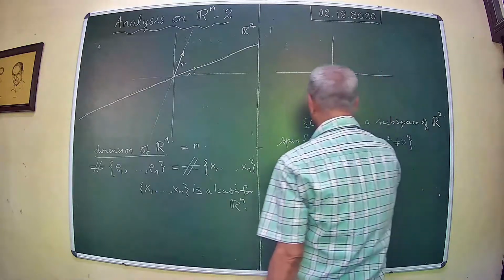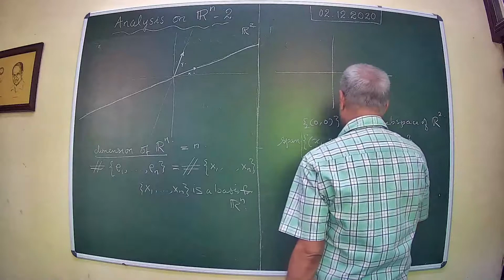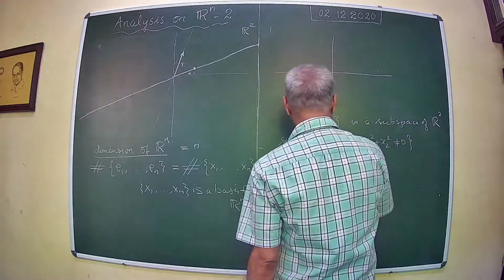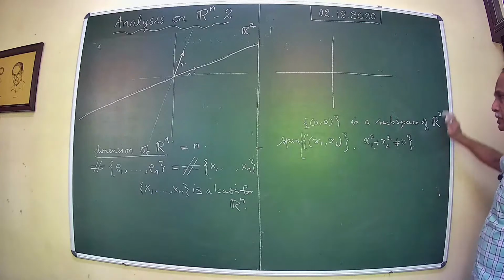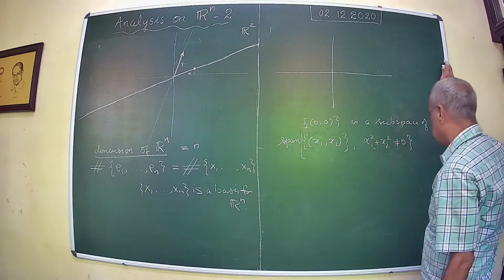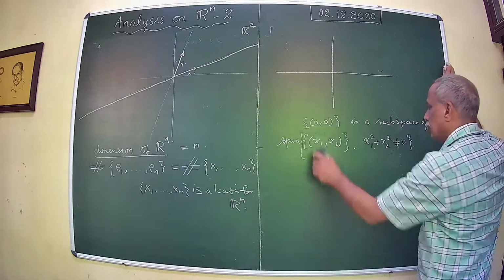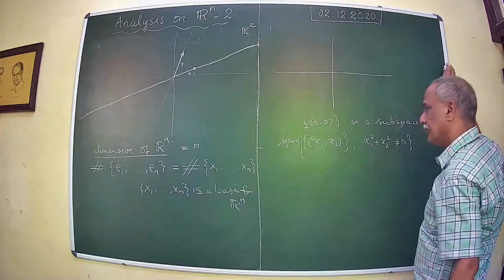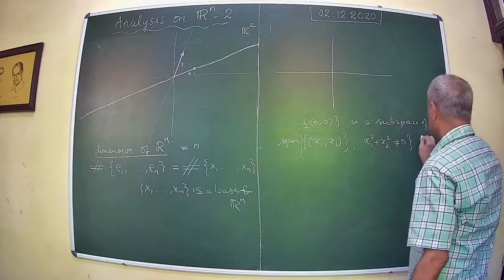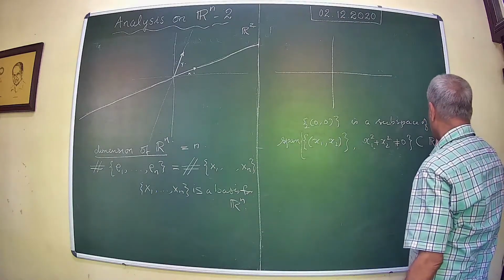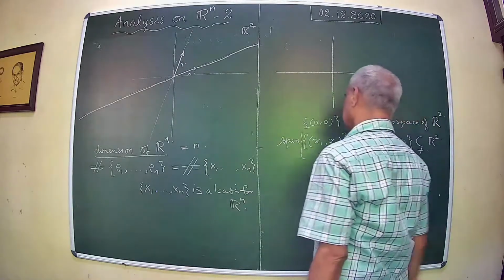this means you don't have both x1 and x2 simultaneously 0. Okay. So this is a linearly independent set. You take the span of this. Now this is contained in R2, which is properly contained in R2.